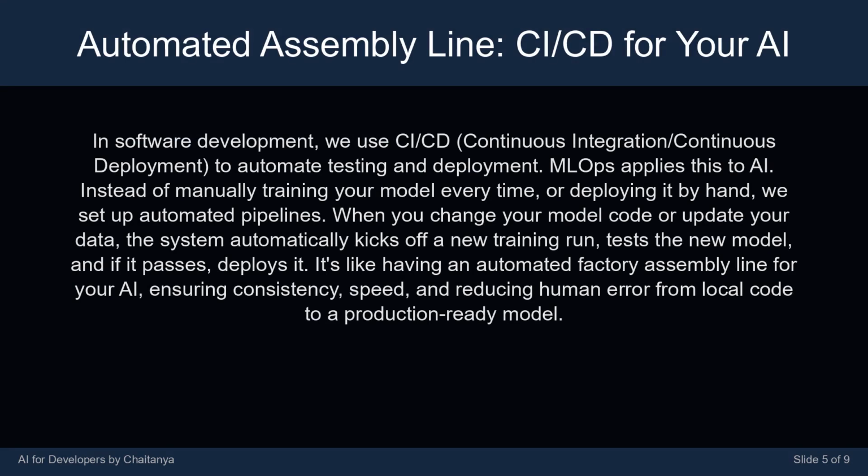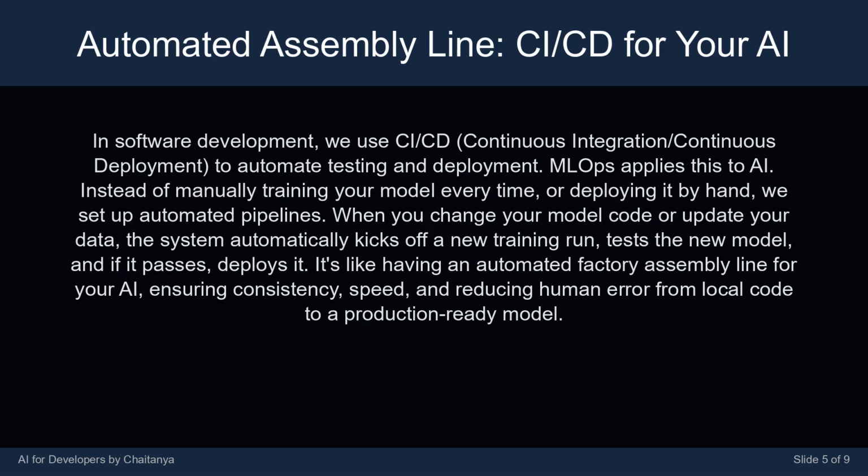In software development, we use CI/CD, continuous integration, continuous deployment, to automate testing and deployment. MLOps applies this to AI. Instead of manually training your model every time, or deploying it by hand, we set up automated pipelines.